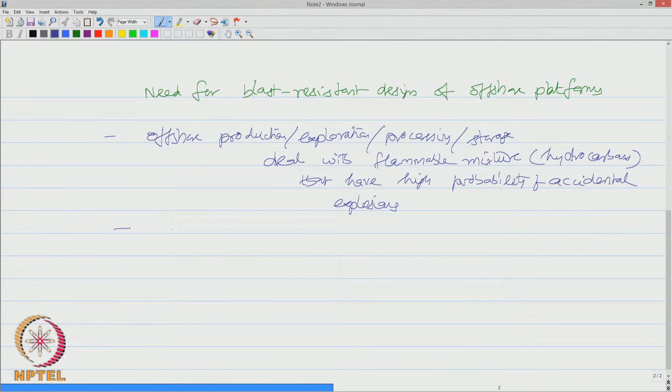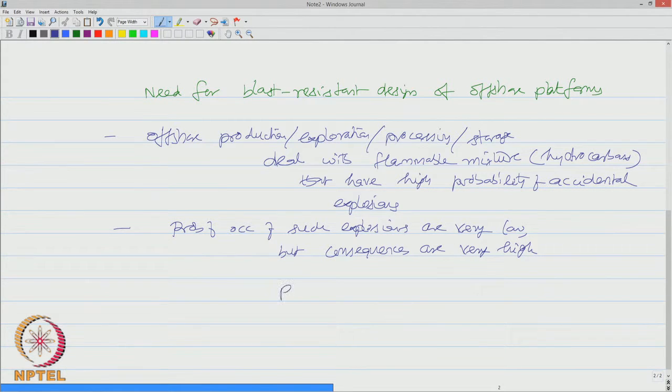Even though the probability of occurrence of such explosions is very low, their consequences are relatively very high. We all agree and know that risk is actually a product of the probability of occurrence of an event and its severity.